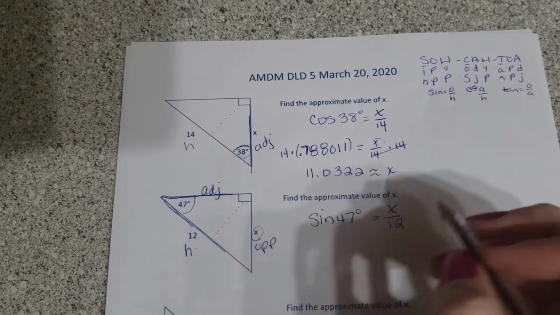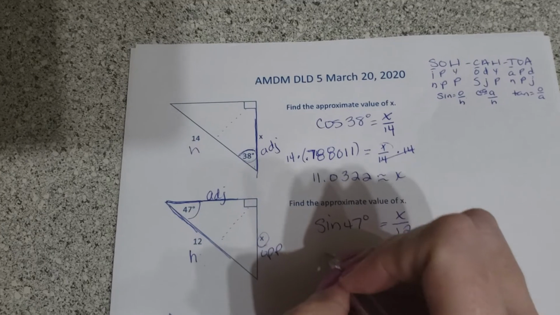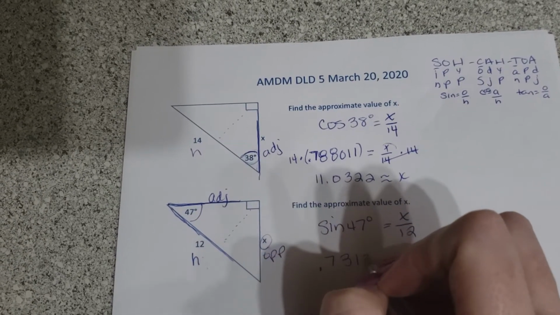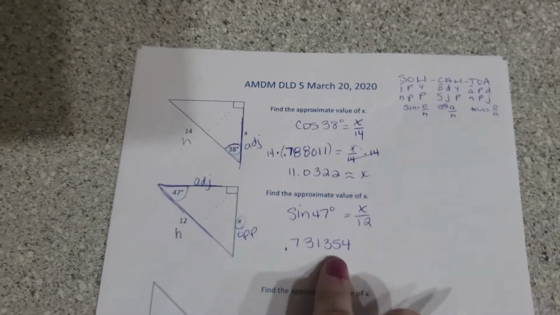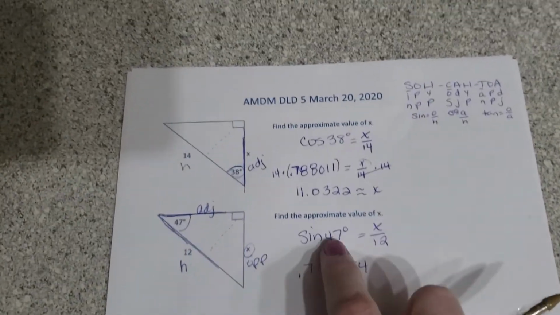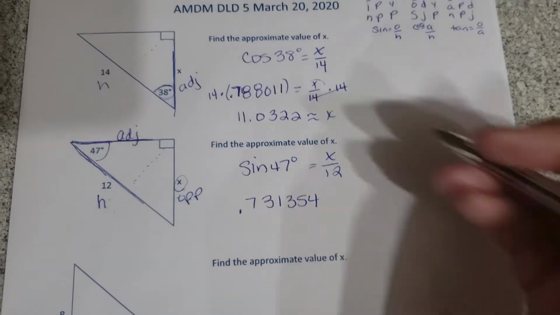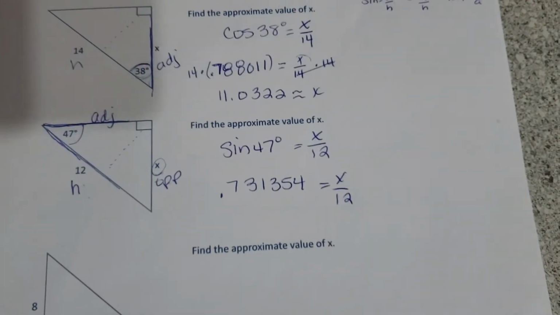And so now I can go ahead and put that sine 47 in my calculator, and I get approximately 0.731354. So notice I used a lot of decimal places. If you're going to put this in your calculator right away, make sure you use a lot of decimal places. So that's going to equal x divided by 12.